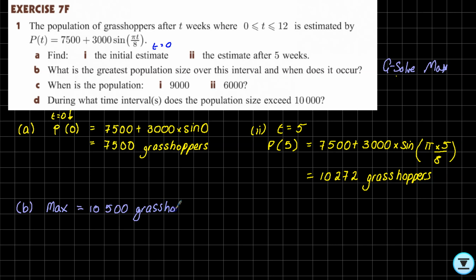Now, can you just put yourself in a test situation? You're rushing, and you accidentally, instead of putting 7,500, you put 750. Now, your answers are all going to be wrong. Do I see any working? No. Do I see what you have typed into your calculator?